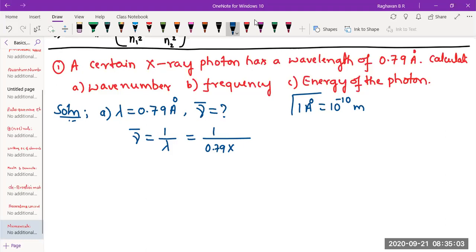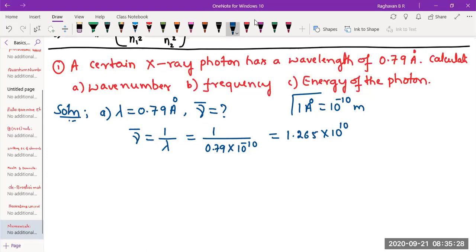So 0.79 Armstrong into 10 raised to minus 10. Now you give the answer. This will go to the numerator. It becomes plus 10. 1.265 into 10 raised to 10, per meter. What is the unit now?